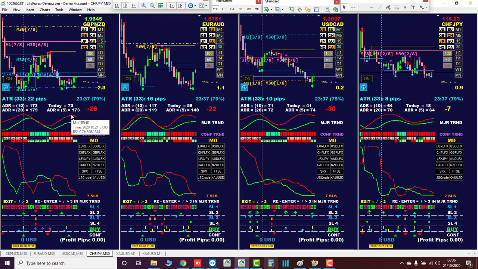So we'll be looking for selling opportunities, confirmed by another minor trend down here. But here there's a bit of a conflict, because this should be agreeing with the upper one.